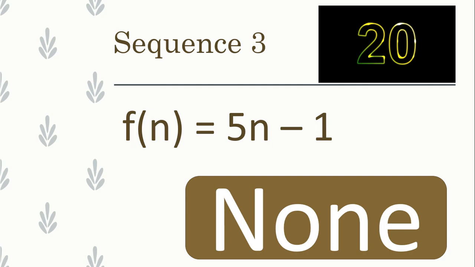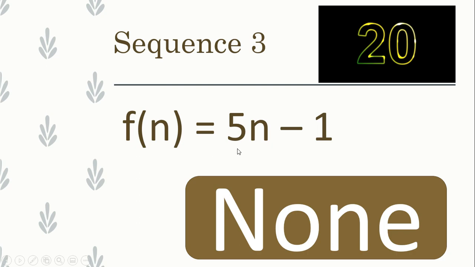To verify our answer, let's identify some of the terms generated by this rule. Let's take n is equal to 1, so meaning to say, we are evaluating the first term. When n is 1, 5 times 1 is 5, minus 1 is 4. When n is 2, 5 times 2 is 10, minus 1 is 9.